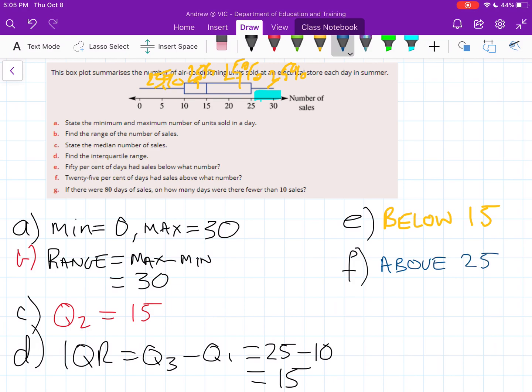And then lastly, if there were 80 days of sales, how many days were there fewer than 10 sales? Here we need to look at how many actual sales there were. Fewer than 10 sales. 10 sales makes up 25% of the data, or up to 10.